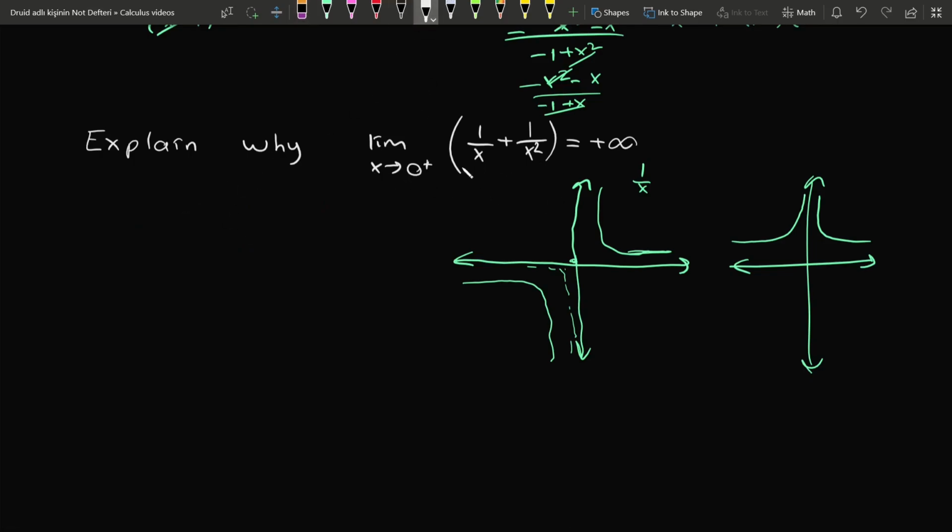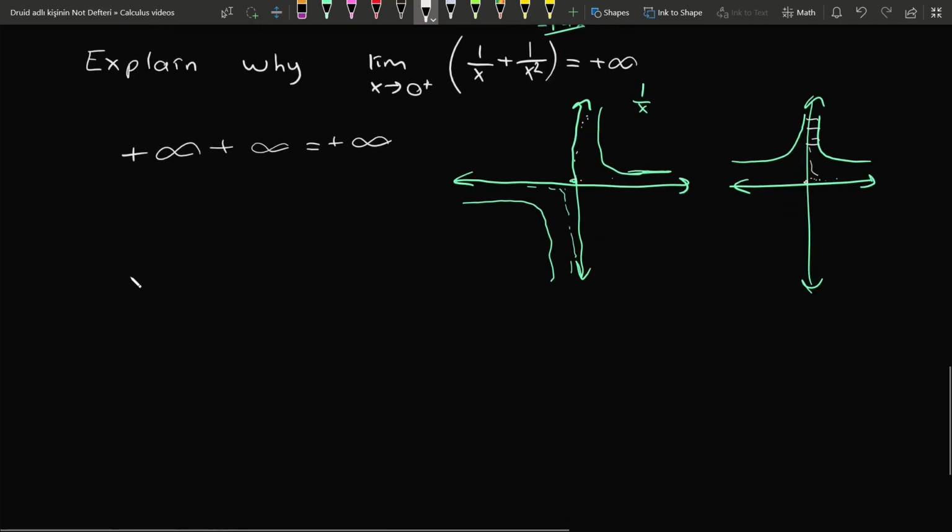Now I'm approaching 1 over x from the right side of 0, therefore I'm seeing that my function is going to infinity. And for 1 over x squared, I'm seeing that from the right, when I approach 0, this is also going to infinity. Therefore, when I add these to each other, I'm going to see that this is equal to infinity.